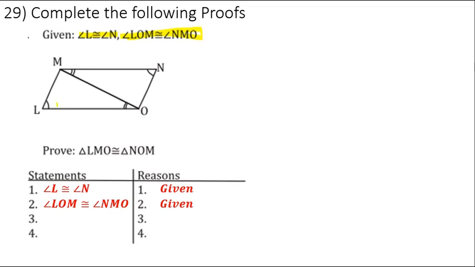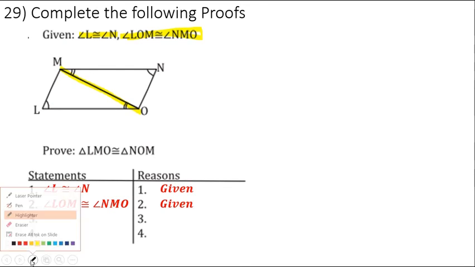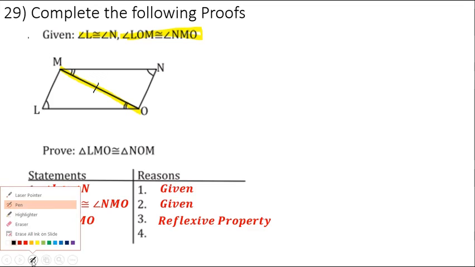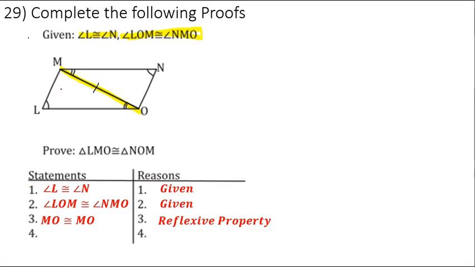So far they give us two angles. But if you notice, the two triangles share this side. So I could mark that as these two are congruent. When they share a side, we say MO is congruent to MO because of the reflexive property. So now that we know that, let's look at the information provided for us.